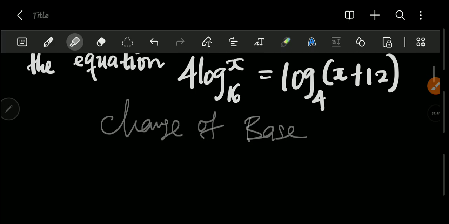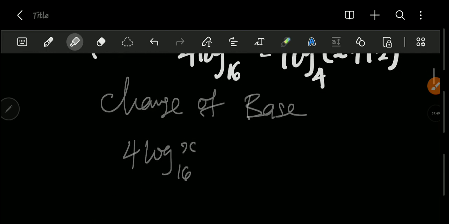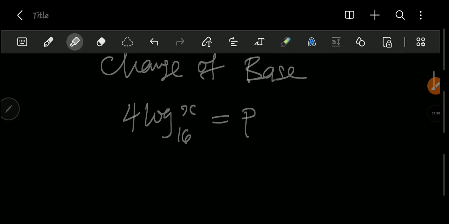How do I make a change of base? When you want to work on a change of base, let's call the side I want to work on y. What is on the left hand side here is 4 log 16 raised to x, so I'm going to call this whole thing p. I want to change the base, so the first thing I want to do is to take this 4, like a reverse of it.